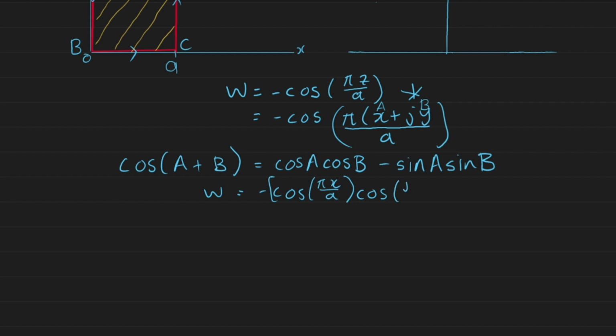So we have j, then pi, then we have y divided by a, then minus sine pi x over a, and then sine b, that's sine j pi y over a.